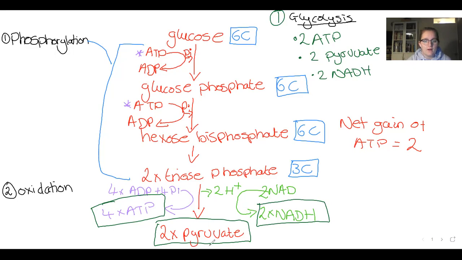Now remember, ATP is now going to go off and get used elsewhere. NADH is going to be saved for later for oxidative phosphorylation. So we'll come back to reduced NADH and phosphorylation, but we're going to use that pyruvate straight away in the link reaction.